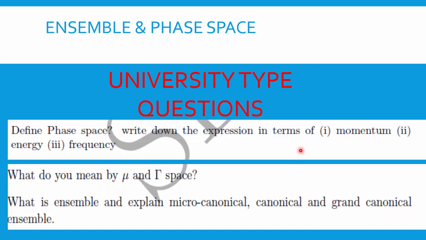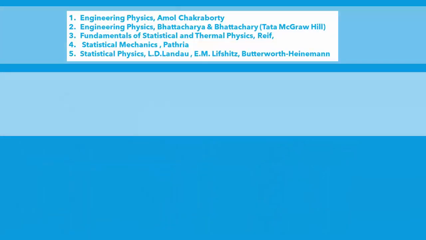We have even derived the phase space expression, or the number of quantum states expression, in terms of momentum, energy, and frequency. Hope you understood. And then I end lecture 3.